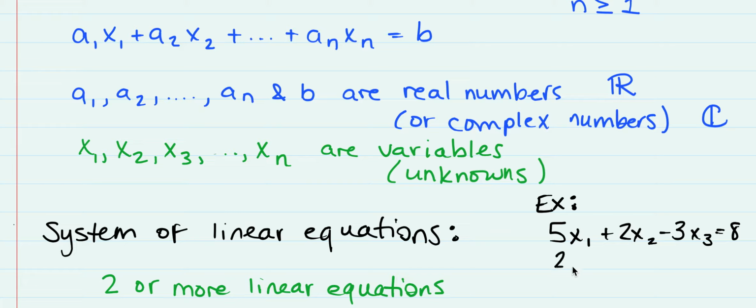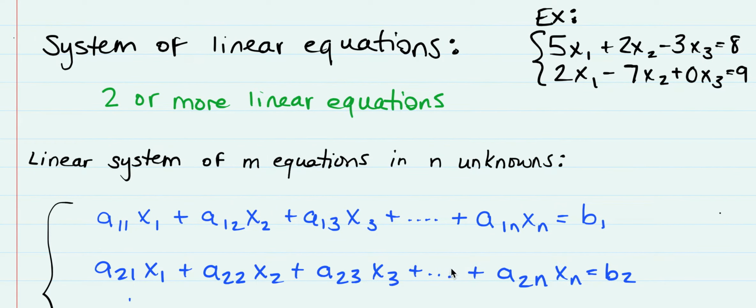And then we could add 2x sub 1 minus 7x sub 2 plus 0x sub 3 is 9. This would be a system because we have two or more linear equations. So this would be two linear equations with 3 unknowns. Now we're going to see very complicated linear equations and systems.